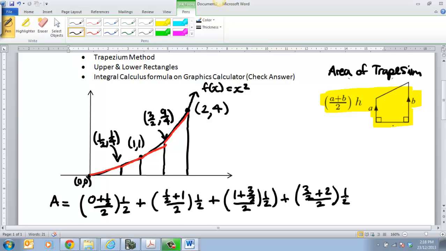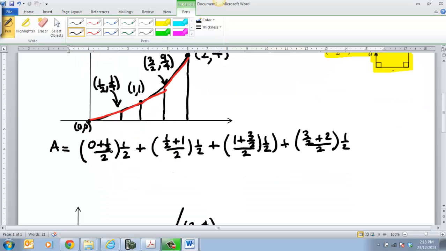Now, the key thing here, I suppose, is that you can work out these answers in here and simply times the whole thing by a half. That's probably the easiest way of doing that. So 0 plus a half, a half divided by 2 is going to be a quarter. And then I'm going to have a half plus 1, that I could write as 2 on 2, so that's 3 on 2 divided by 2 is going to be 3 on 4.